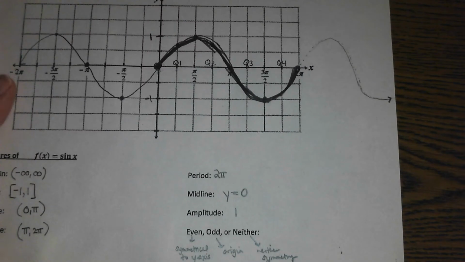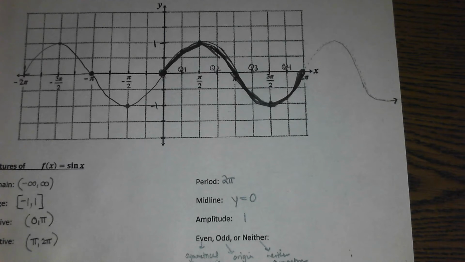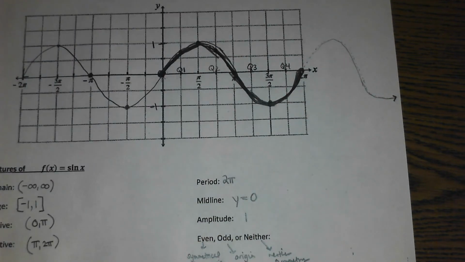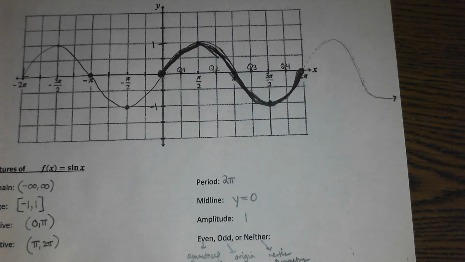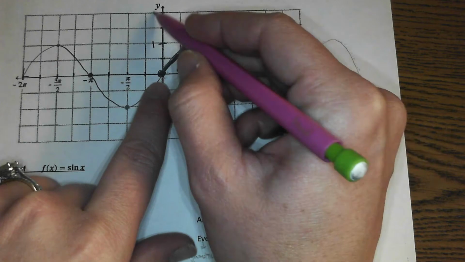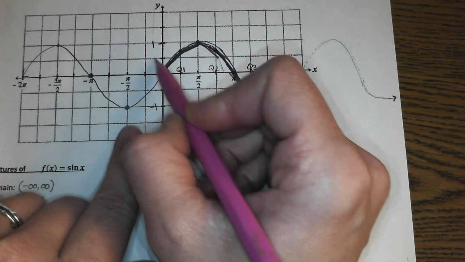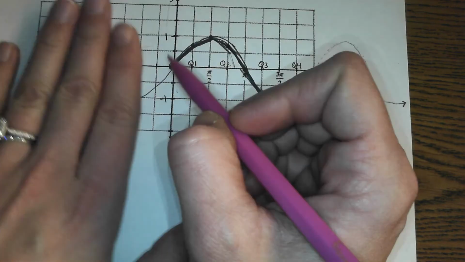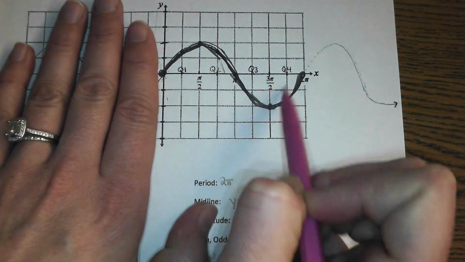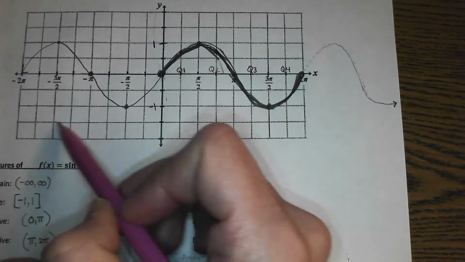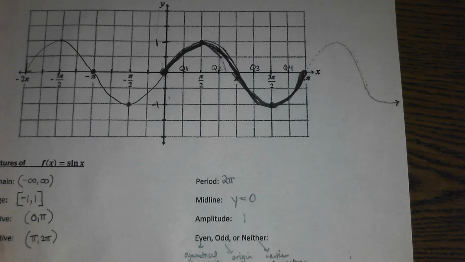So is this symmetrical to the y-axis? If I take this and fold it over the y-axis, will it map onto itself? No. If I take this and fold it over this line, it'll be here. Right? If this was a line of symmetry and I took this and flipped it over, this here would look like this, which is not on itself.